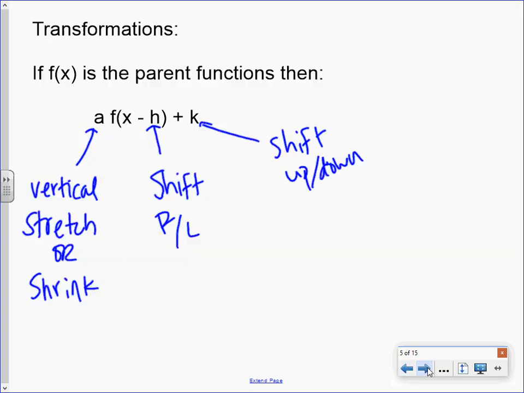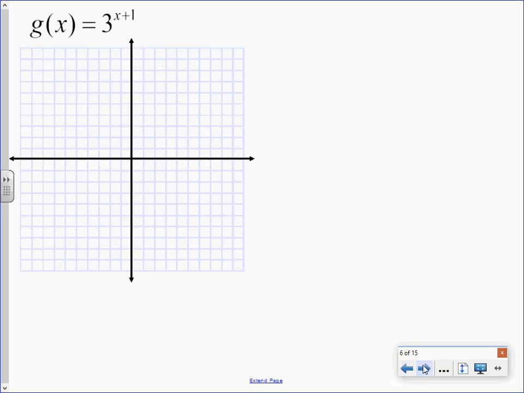Now we're going to go through a couple graphs like this one, 3 to the x plus 1. Go ahead and write it down. What I want you to do when you graph these is think of the parent function, 3 to the x.